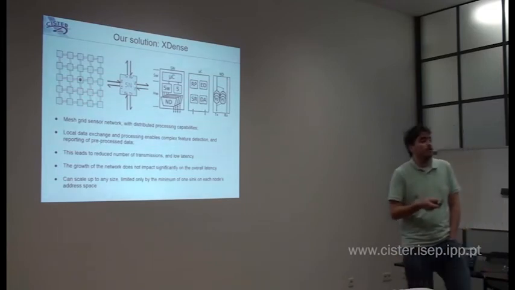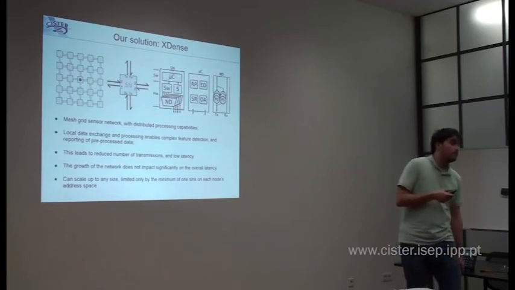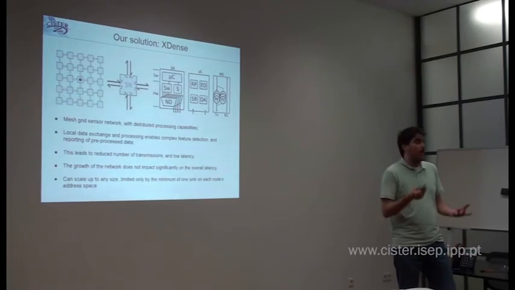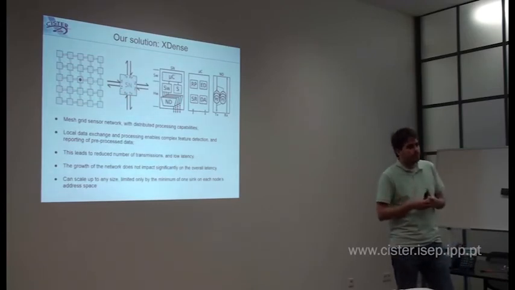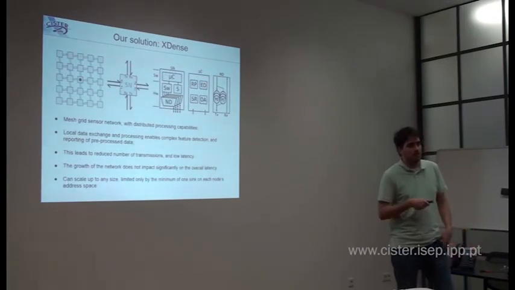How can you increase the distributed processing capability of the network by having local data communication and processing? And then we thought that this could make sense just as it does in network on chip and so on, to maximize these opportunities of distributed processing.